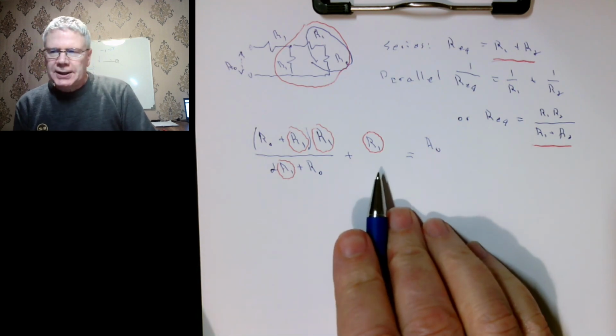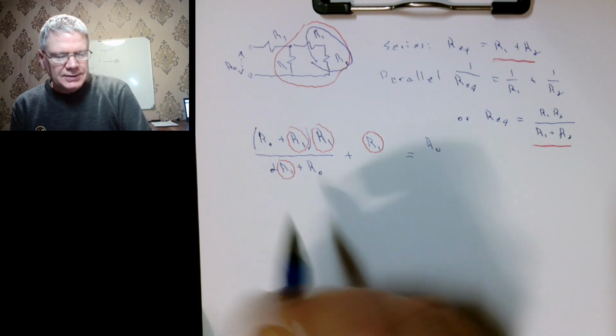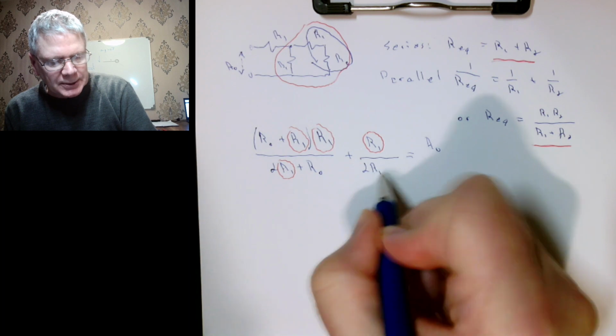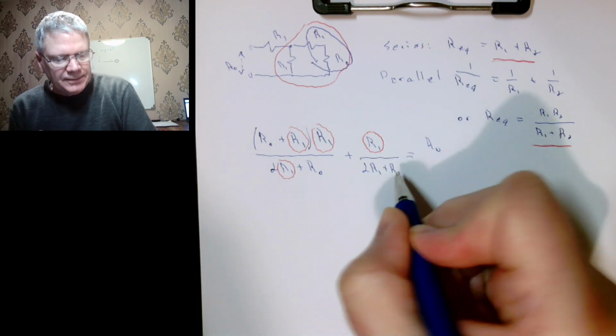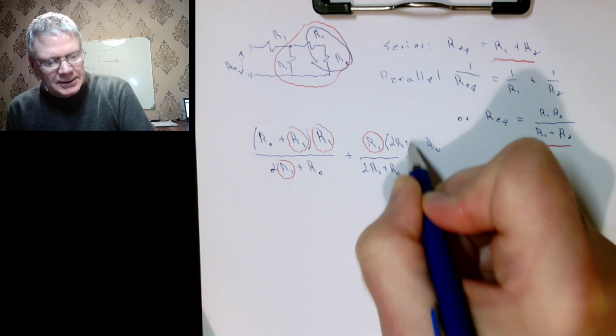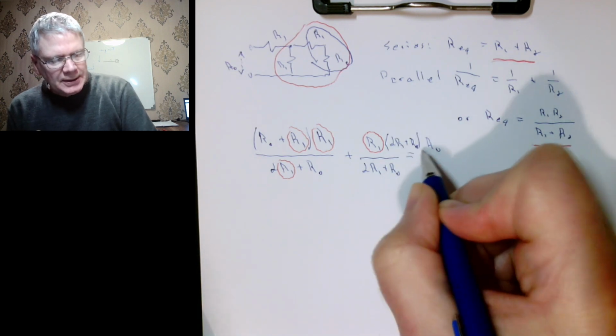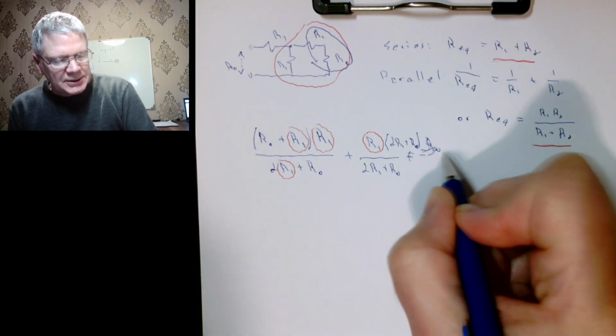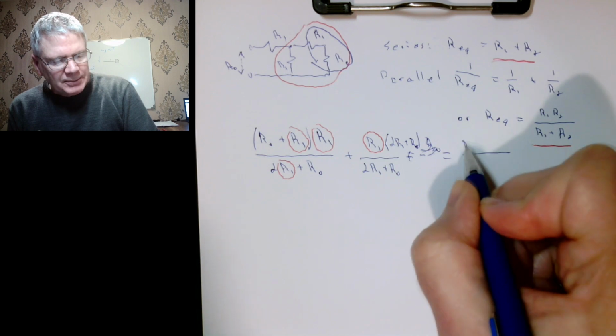But let's start by getting a common denominator. So let's put the R1 over R1 plus R0, and in the top, multiply this by 2R1 plus R0. And over here, I'm going to do the same thing.